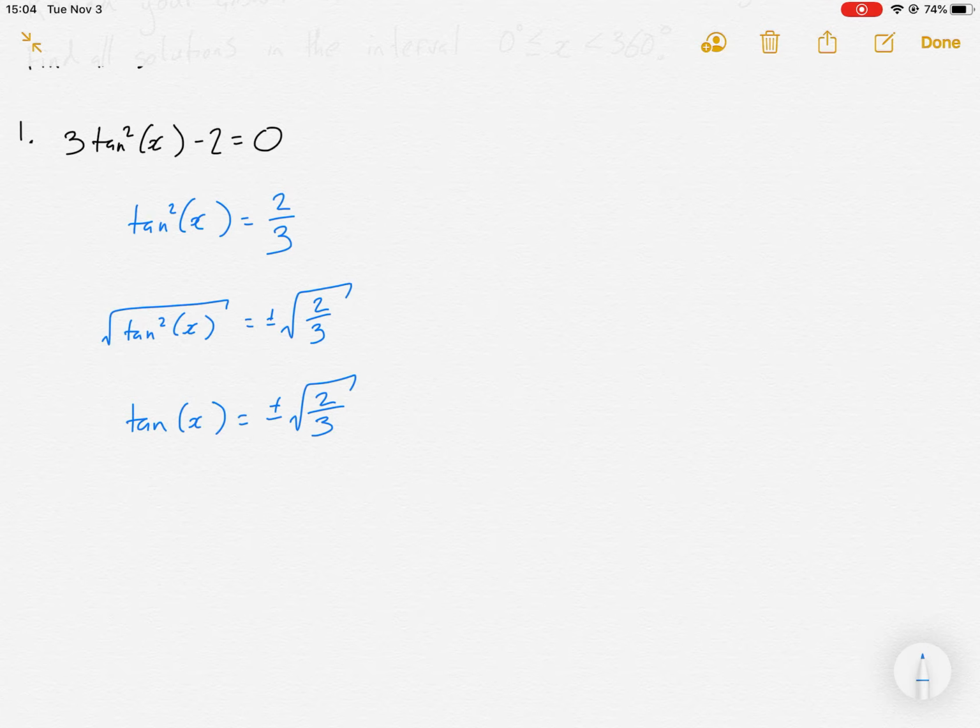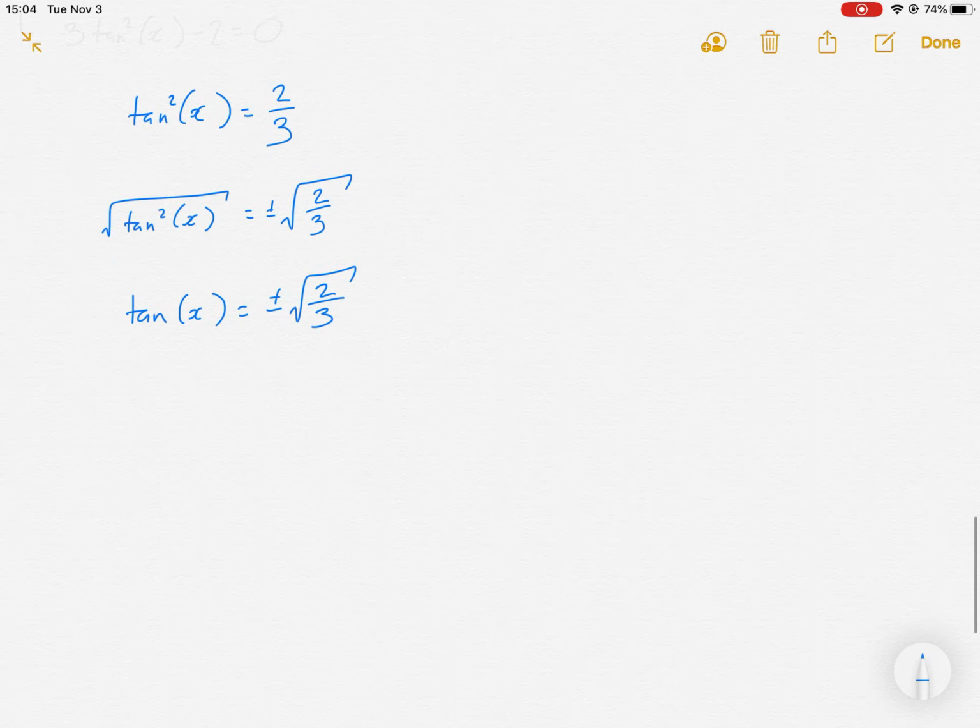Okay, so what I like to do at this point before I take the tangent inverse is break this apart to remind myself there are actually two equations here. There's tangent of x equals the positive square root of 2/3. There's also the tangent of x equals the negative square root of 2/3.